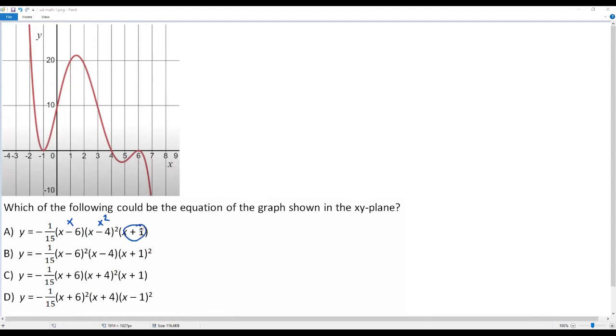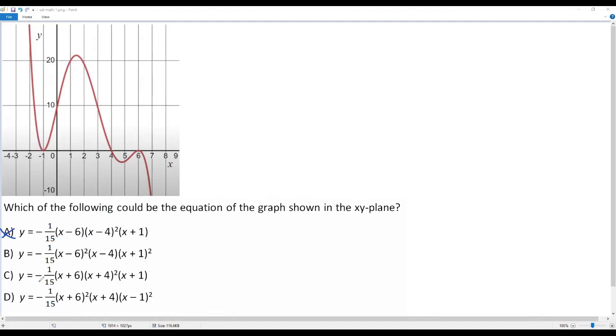When I multiply x squared and x, I'm getting x to the fourth power. So this is the leading term, and the largest exponent of this polynomial function is 4. That is, the degree of this polynomial function is an even number. So definitely this function cannot represent the graph we have over here. So we can reject answer choice A.